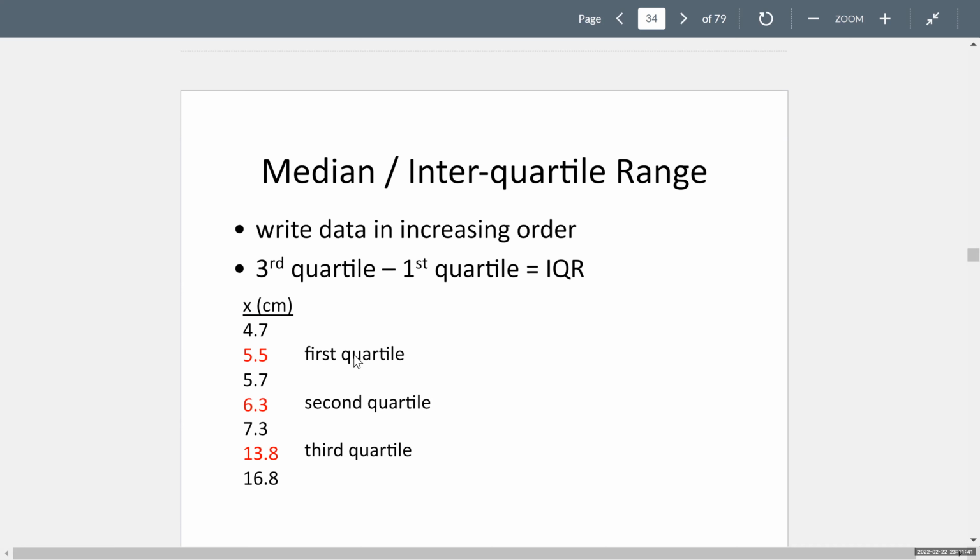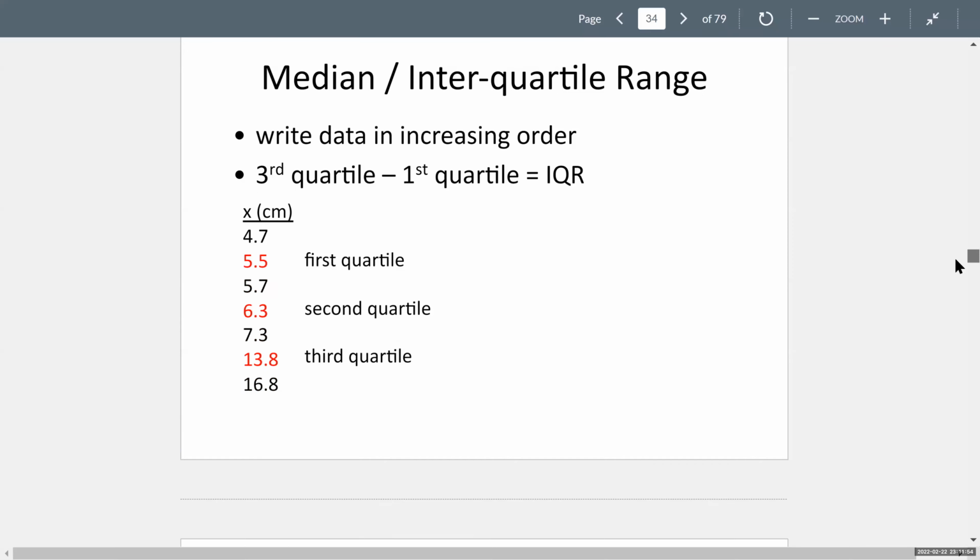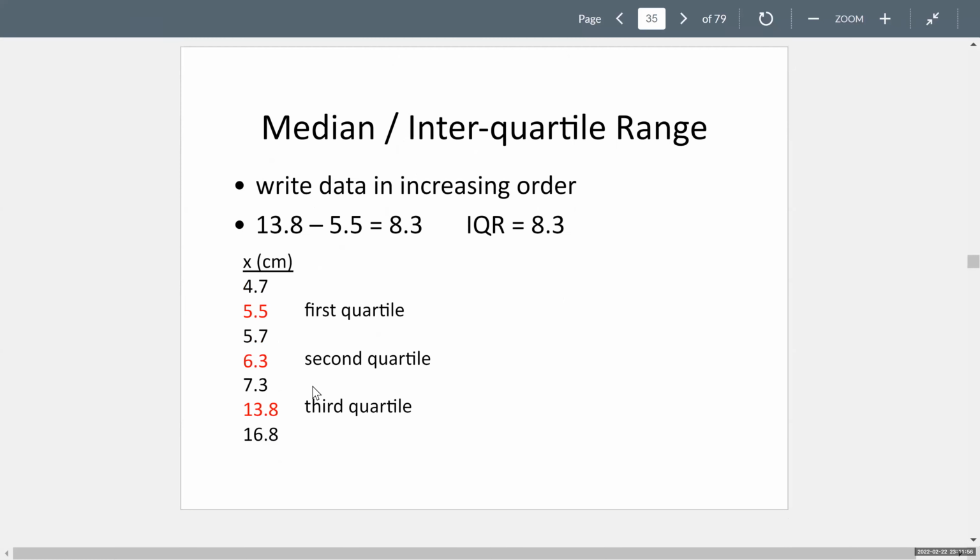So once we've found our first and our third quartiles, we're going to take the third quartile and subtract the first quartile from it, and that's going to give us the IQR, interquartile range. In this case, it comes out to be 13.8 minus 5.5, or 8.3. So we would report the median of 6.